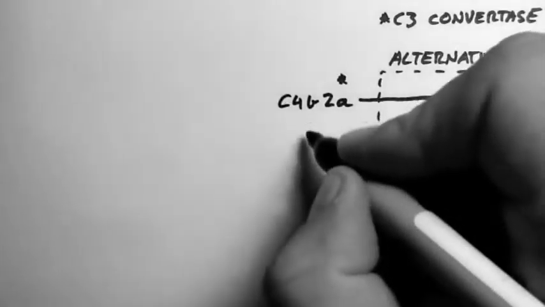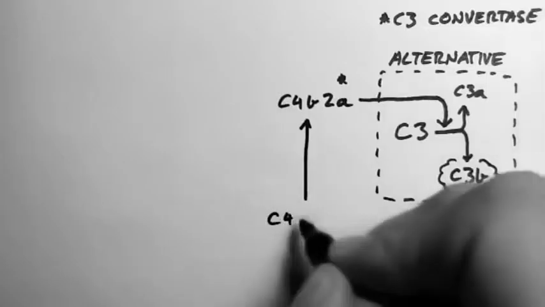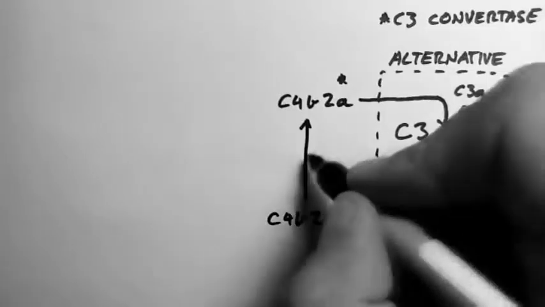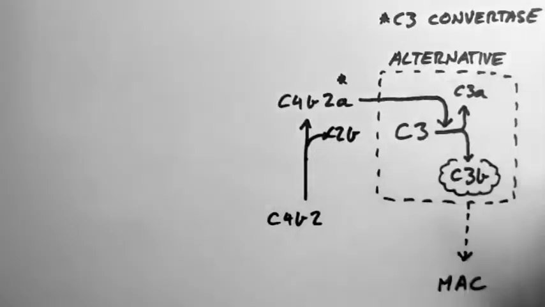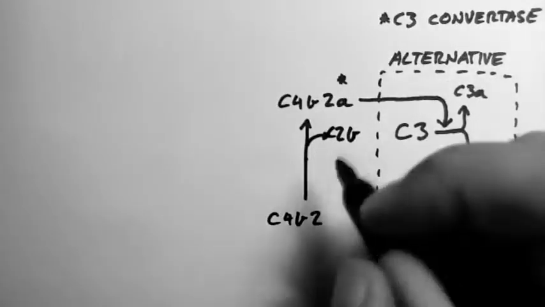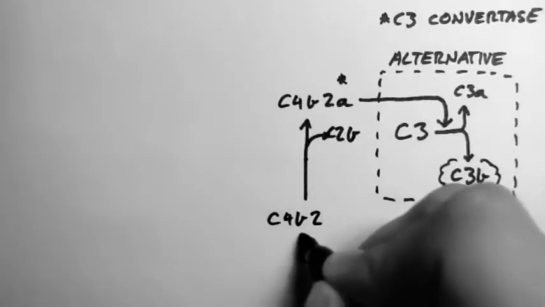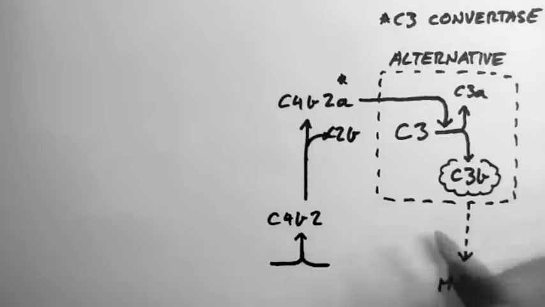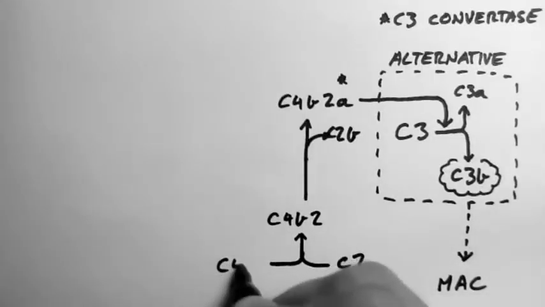Now, C4b2a is made from C4b2, and the C2b portion is cleaved off it. C4b2 is made from C2 and C4b, which is pretty logical.